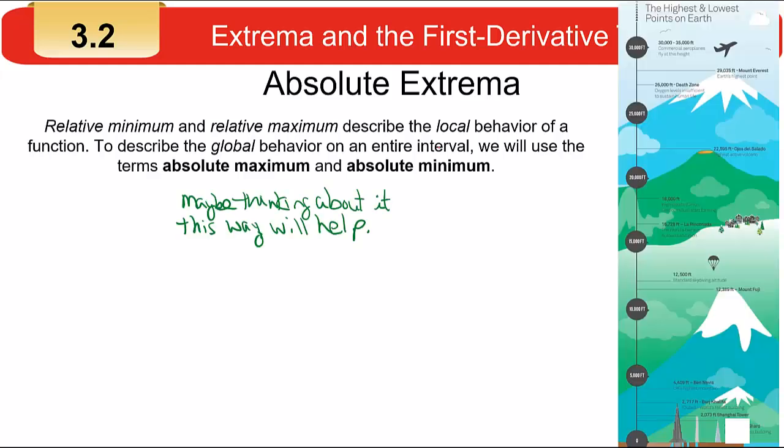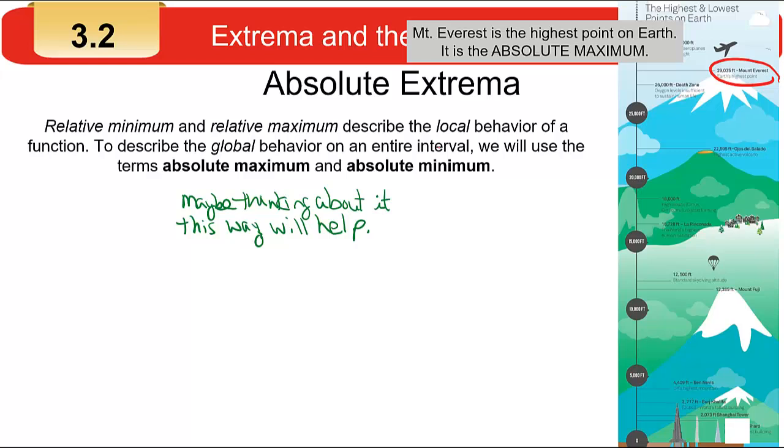Maybe this will help. I pulled this off the internet, and it talks about the highest and lowest points on Earth. It tells you that Mount Everest is the highest point on Earth. That would be the absolute maximum for the entire Earth. If you think of the height of that mountain as being a y value, that y value would be the absolute maximum on Earth.